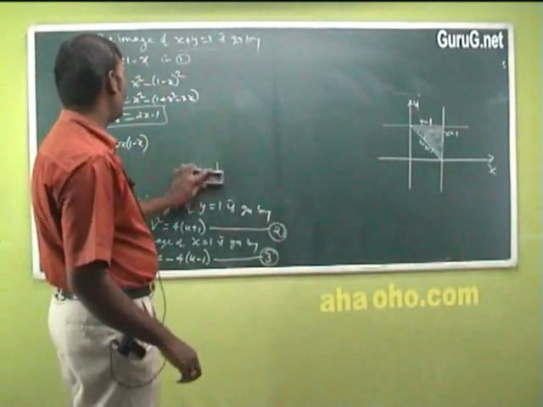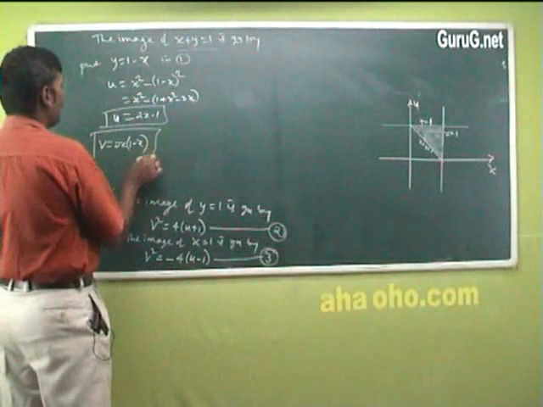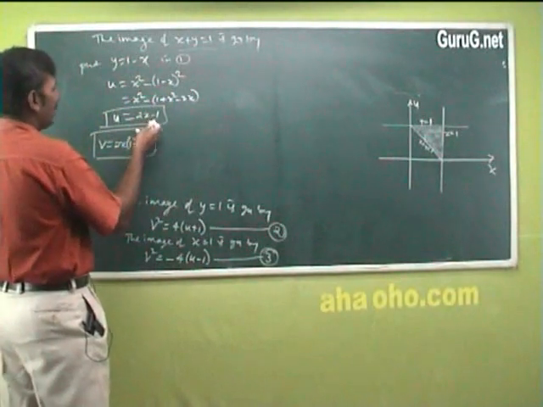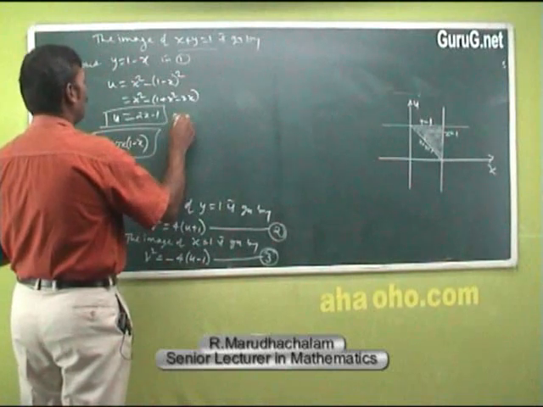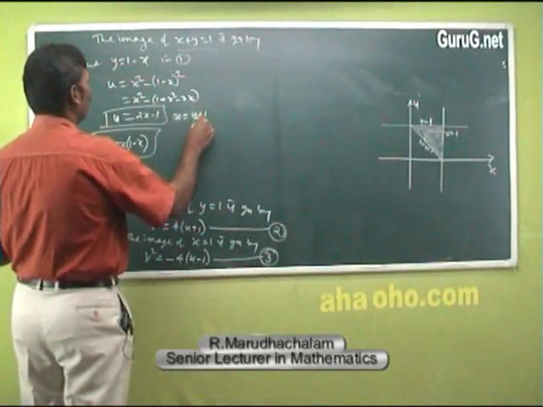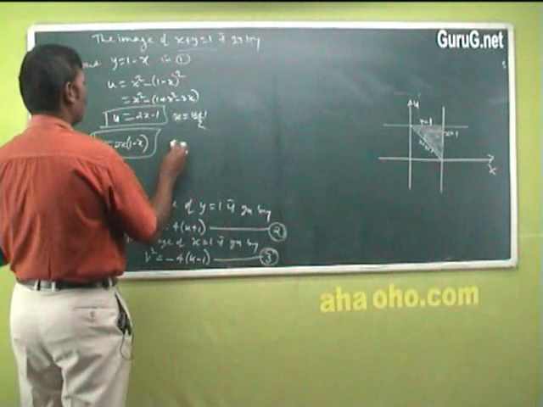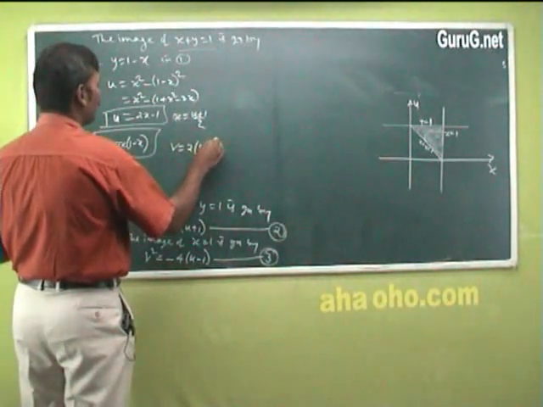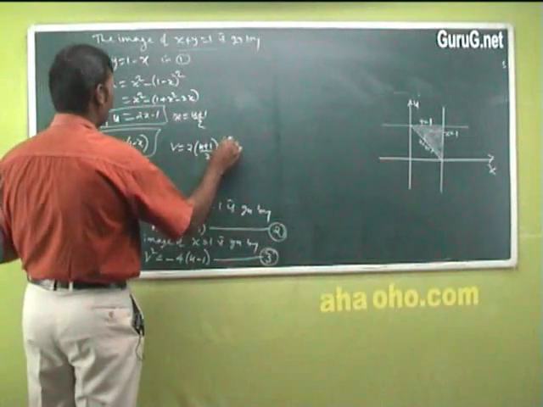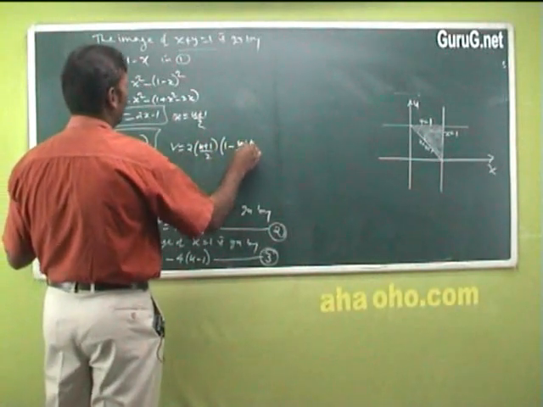From these two I have to eliminate x. From u equal to 2x minus 1, x equal to u plus 1 by 2. Substitute in this: v equal to 2 into u plus 1 by 2 into 1 minus u plus 1 by 2.